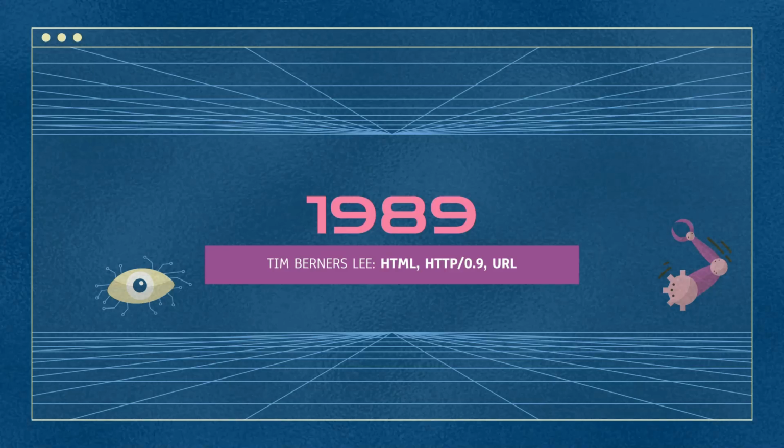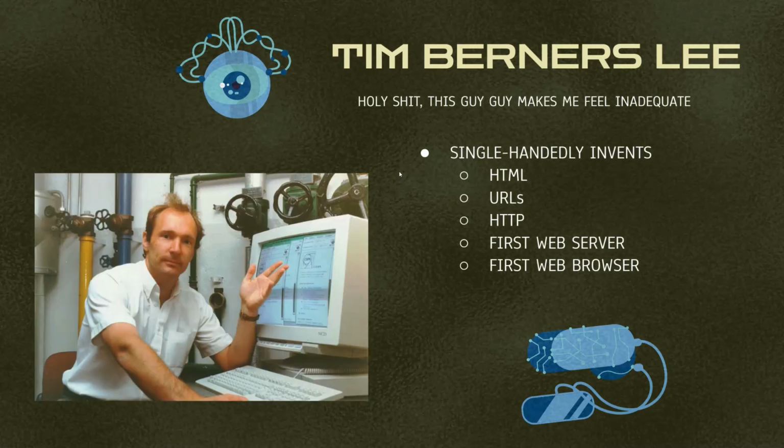At the beginning here, in 1989, Tim Berners-Lee. I knew who Tim Berners-Lee was before doing some of this research, but as I really researched everything that he's responsible for, holy shit, this guy did everything. It's crazy.